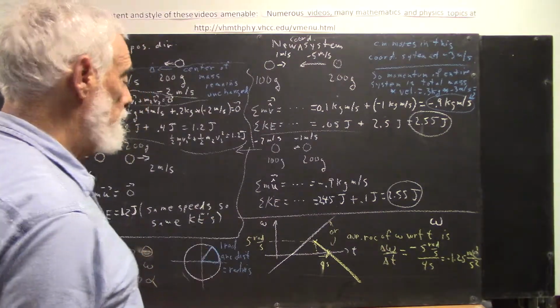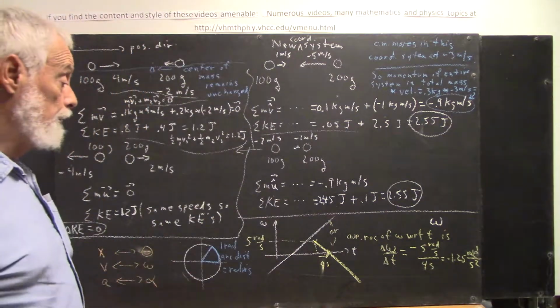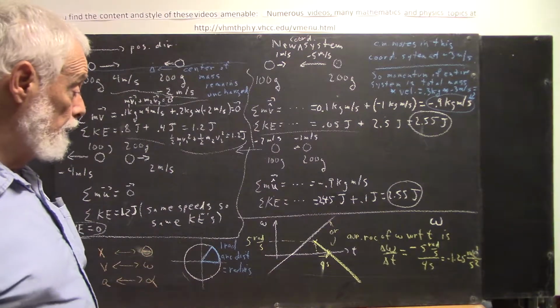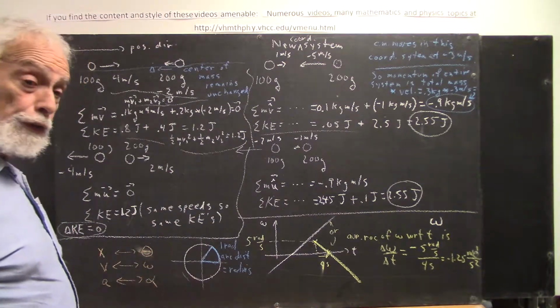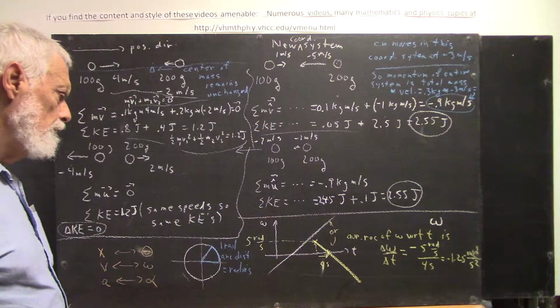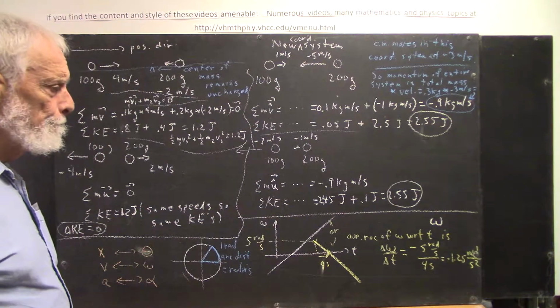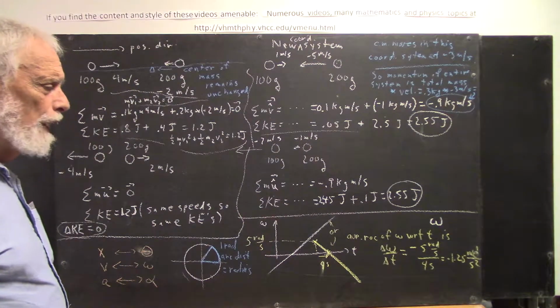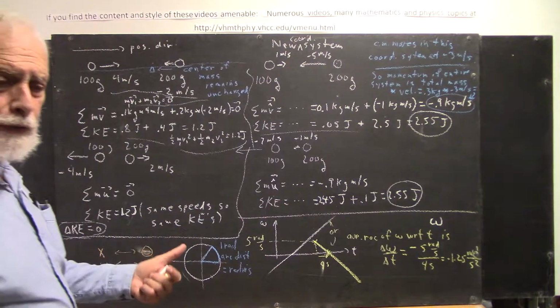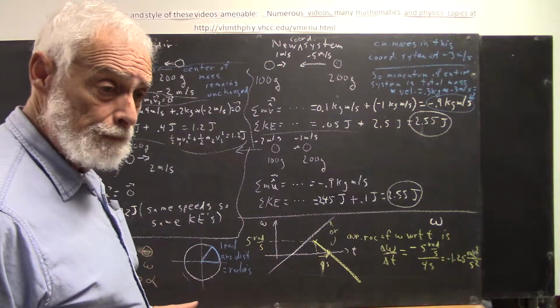Now you're talking about that beam slowing to velocity 0, angular velocity 0, in 4 seconds. You're given that the graph of omega, of angular velocity versus time, is a straight line.